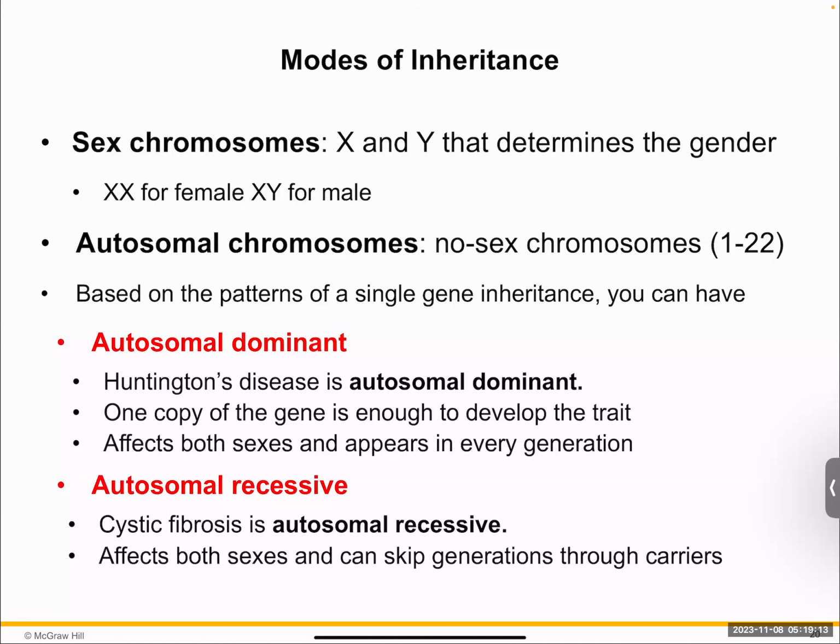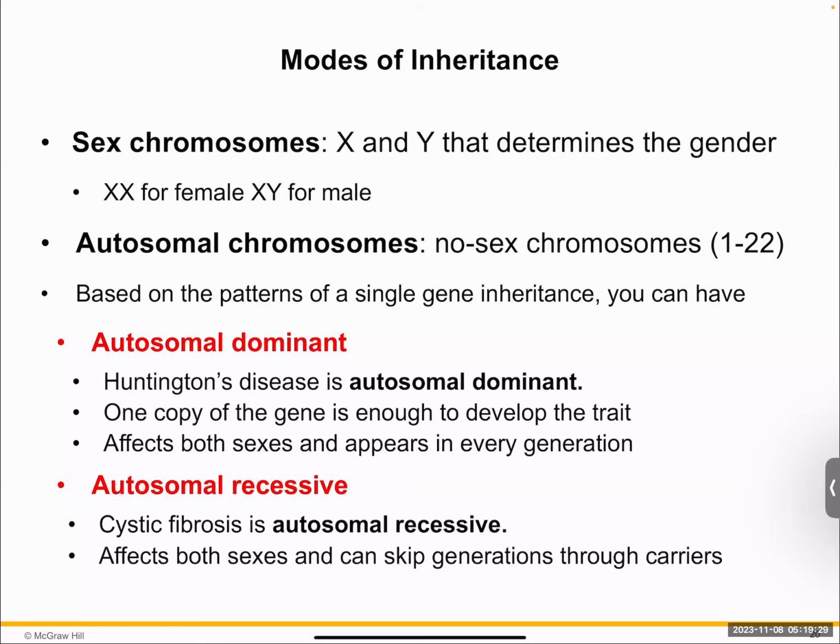And the male is represented with the letters XY, which means that the offspring has received a Y copy of the chromosome from their paternal side. The father is the only one that can give you the Y.